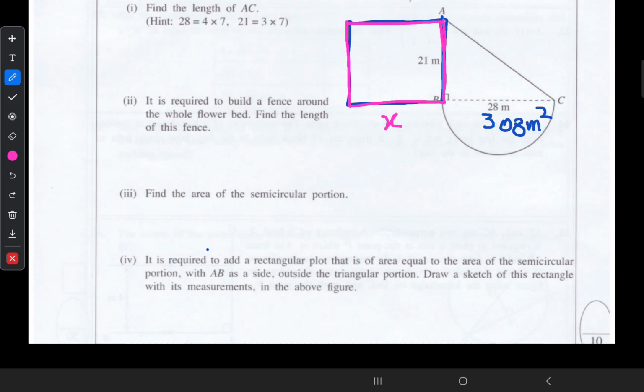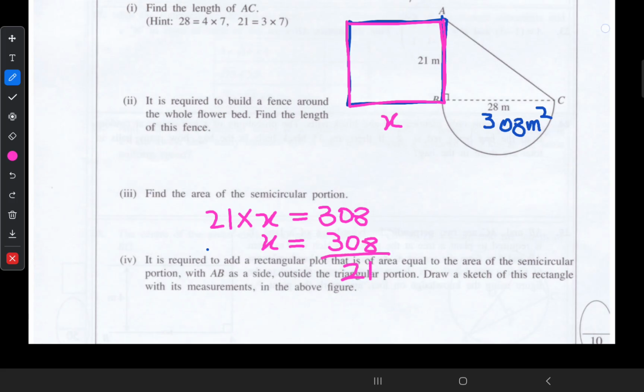So to find the area of a rectangle, we have to use the formula length into width. So 21 multiplied with x equals the area, that is 308. Then to find x, you should divide 308 by 21.